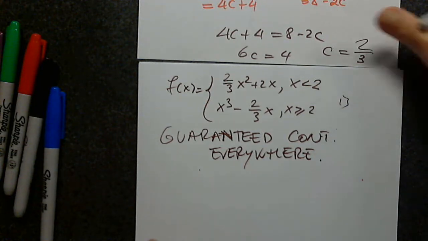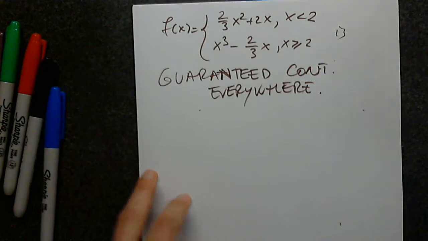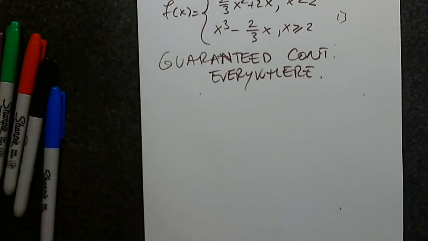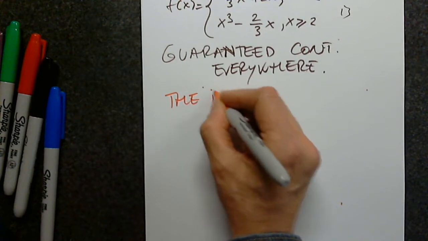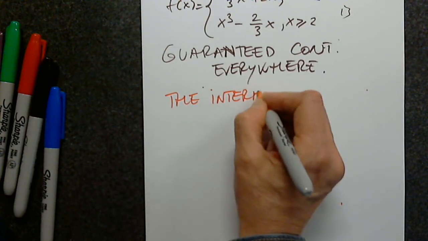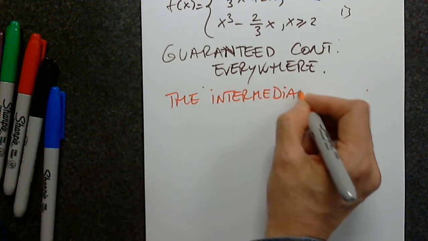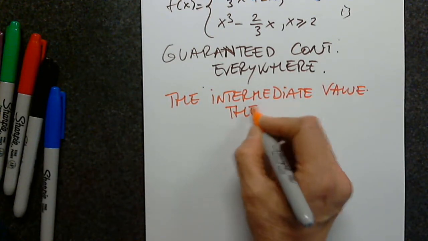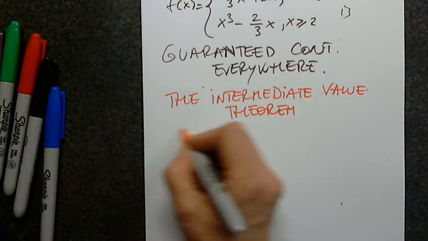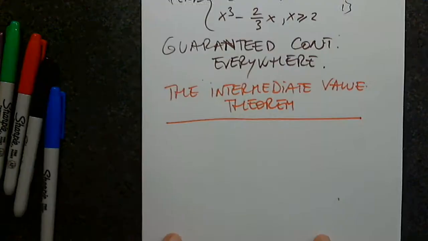Okay. Continuity has a very important theorem attached to it. Very important. It's called the intermediate value theorem.